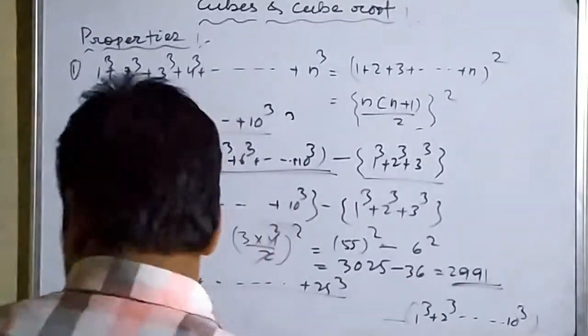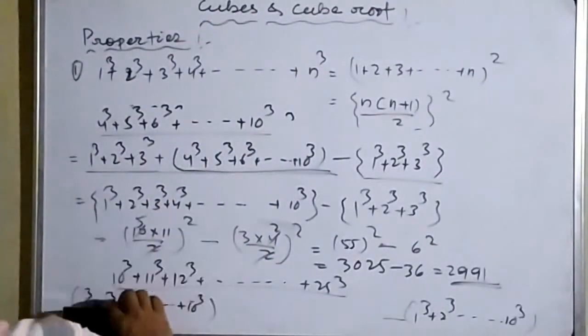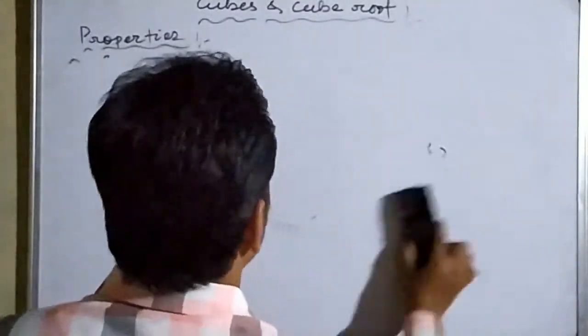Okay, so let us discuss the second property of the cube and perfect cube root number. The second property is about the unit place.